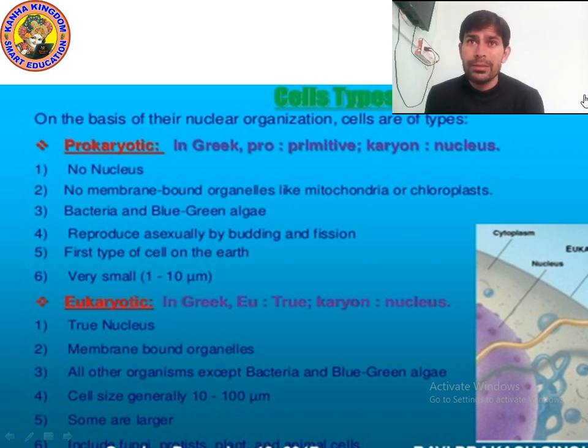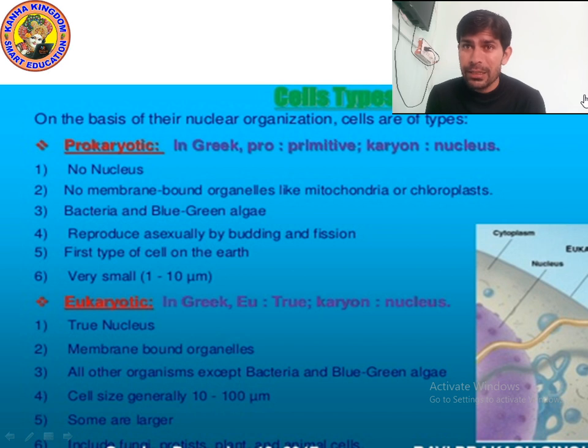Do you know which organism have prokaryotic cell? Bacteria and blue green algae have prokaryotic cell. And which organism have eukaryotic cell? All other organisms except bacteria and blue green algae have eukaryotic cell.